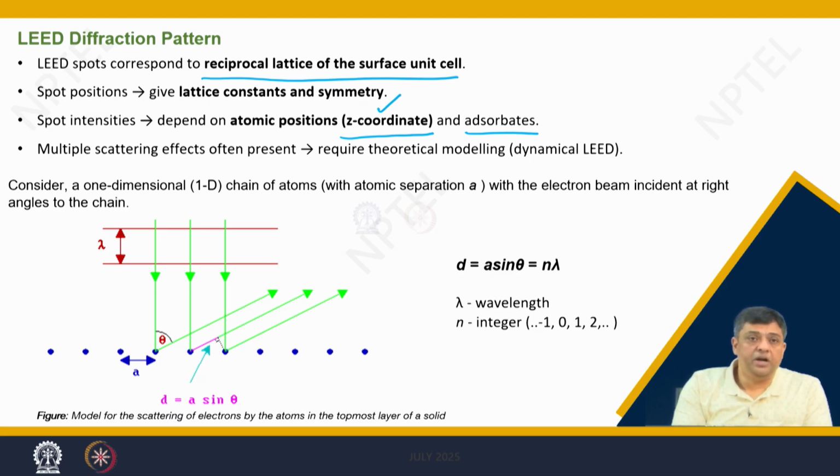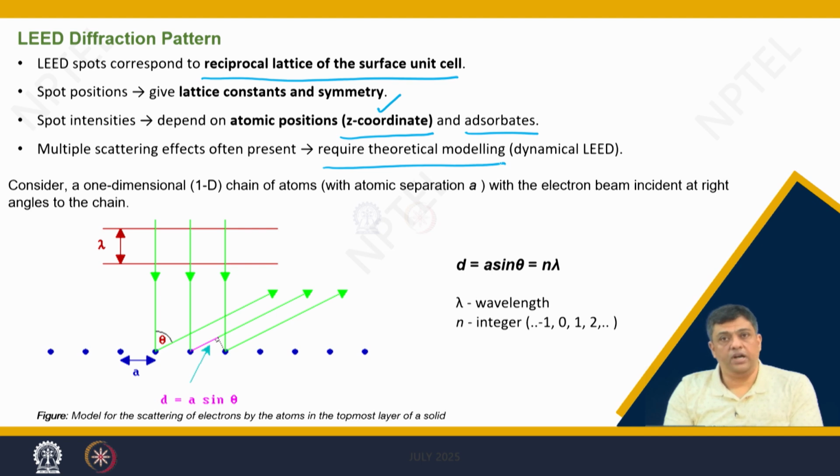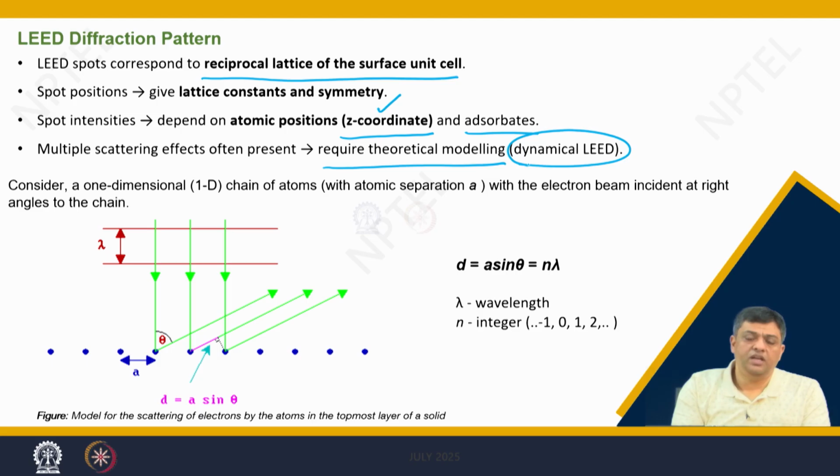You can have multiple scattering effects which are often present in LEED data, and therefore you have to correlate your findings with the theoretical modeling, which is given by the dynamical LEED. So, this is what you can easily determine from the LEED measurement.